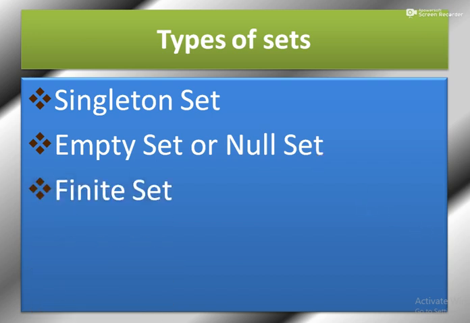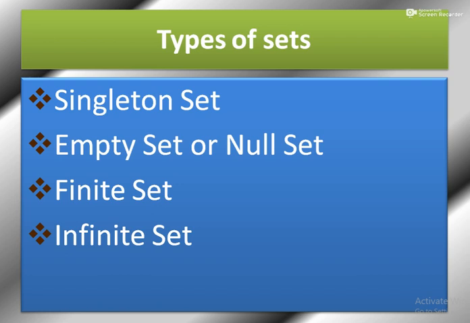The next one is finite set. Finite means limit. The limited number of elements which we can count present in this set is known as a finite set. The next one is the infinite set. Infinite means there is no limit, an unlimited set.